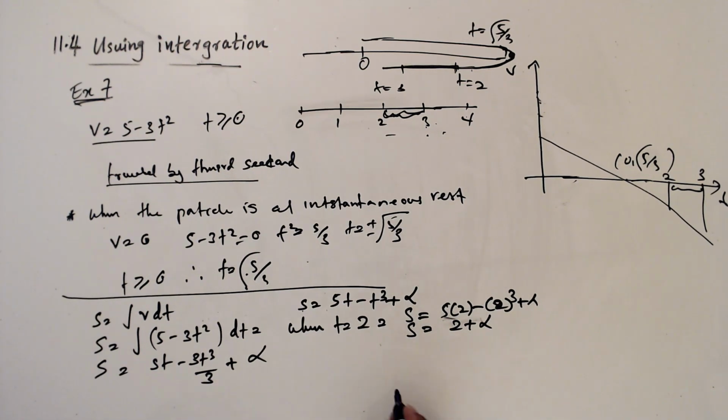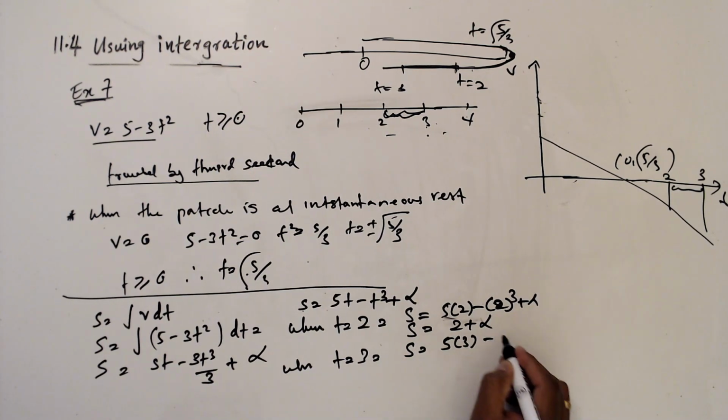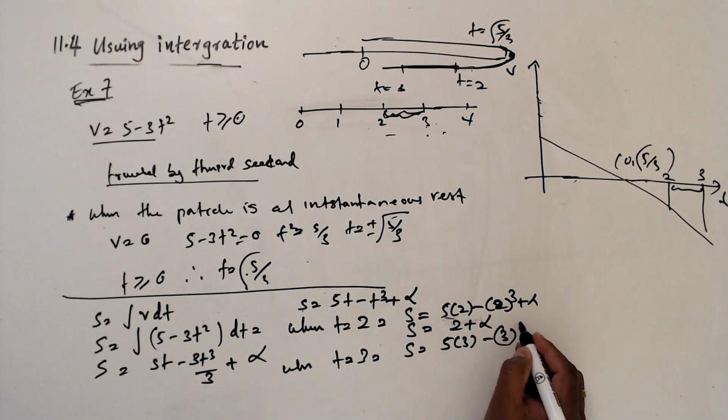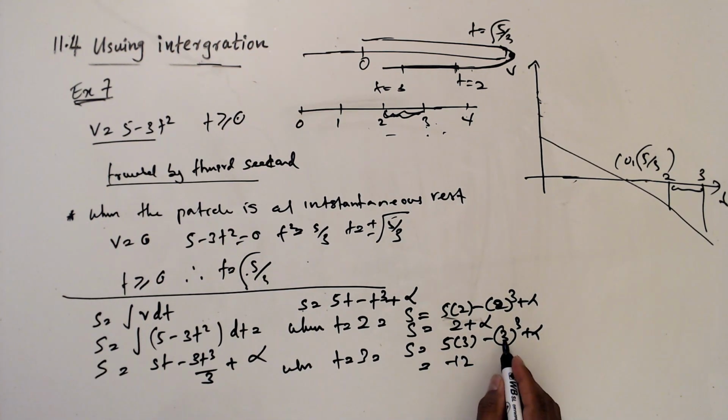And when t equals 3, S equals 5 times 3 minus 3 cubed plus alpha. So this is 15 minus 27, which is minus 12 plus alpha.